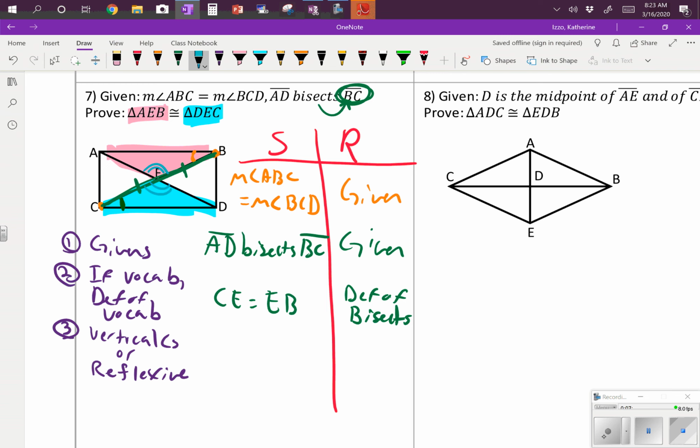Vertical angles at E. Now, be very careful when you say vertical angles at E because there are 4 different angles at E, and not all 4 of those angles are congruent to each other. So we have to say measure angle AEB equals measure angle CED. And that would be vertical angles are congruent.